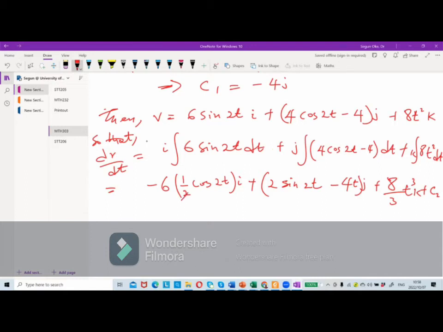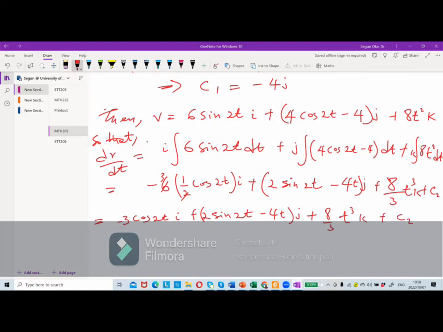So I can say I have minus 3 cos 2t i plus 2 sin 2t minus 4t j, then plus 8 over 3 t cubed k plus c2.